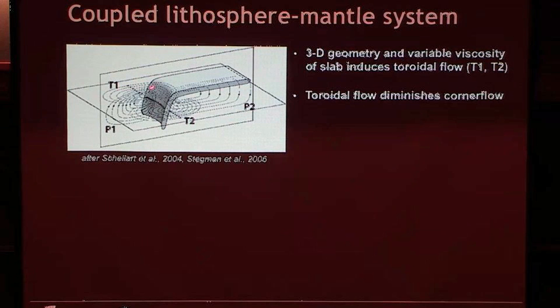However, when you have slab edges, this flow comes in and kills those pressure gradients. So this strongly diminishes the amount of classic corner flow circulation.